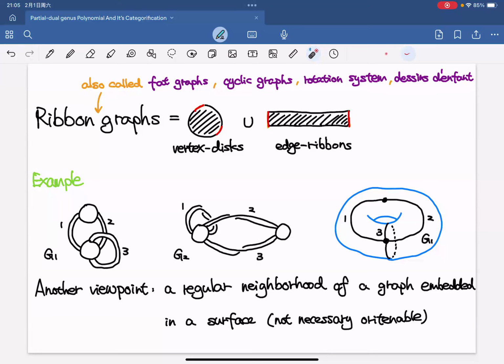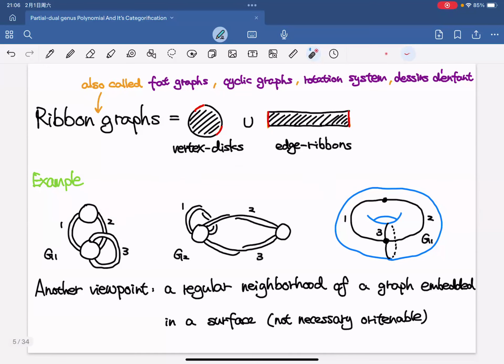Here we have another viewpoint of ribbon graphs. We can consider a graph embedded in a surface, and if we take a regular neighborhood of it, for example, here we have a torus with a graph that has 2 vertices and 3 edges, then we will get a ribbon graph, which is just the first ribbon graph.